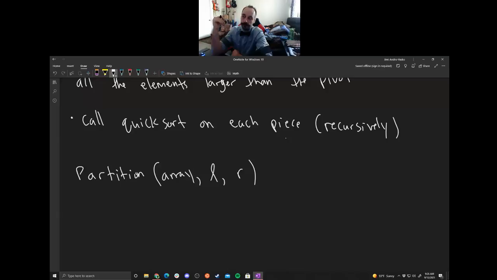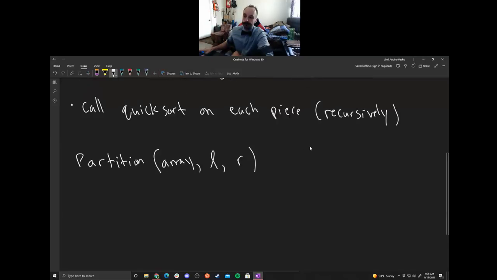So we have to know what part of the array we're going to perform partition on. Initially, when we first call partition, we're going to pass in 0 and n minus 1, where n is the size of the array. So we're going to call partition on the entire list. And as we call partition more often, we're going to pass in different L and R values so partition knows what part of the array it's going to perform this partition on.